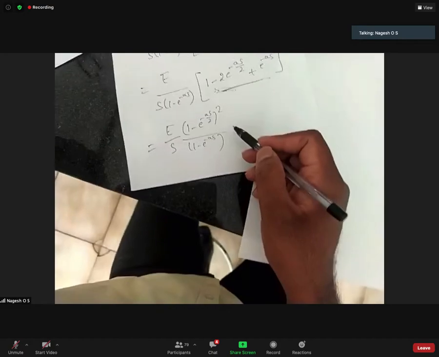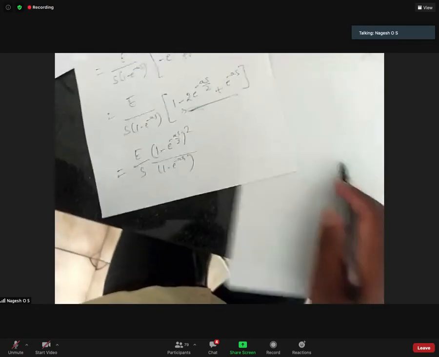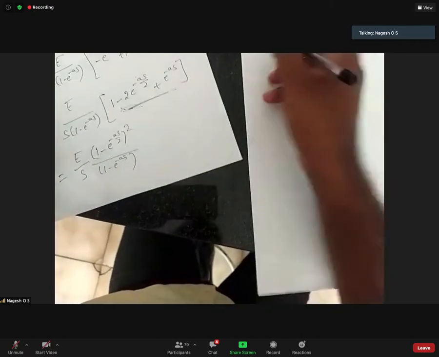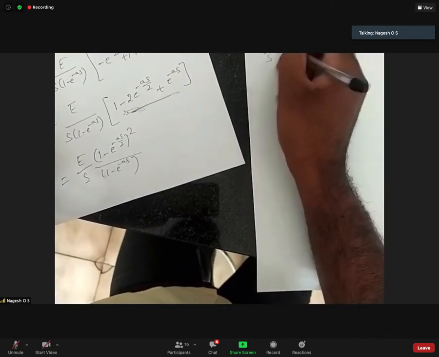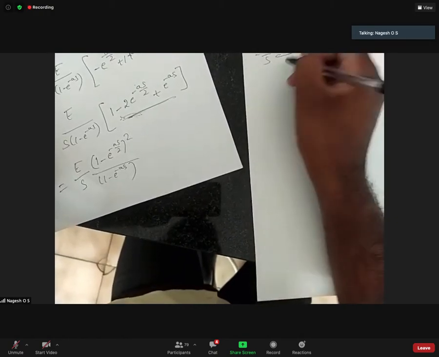Up to here we did e power this. The numerator won't change: e/s, 1 minus e power minus s by 2 whole square.